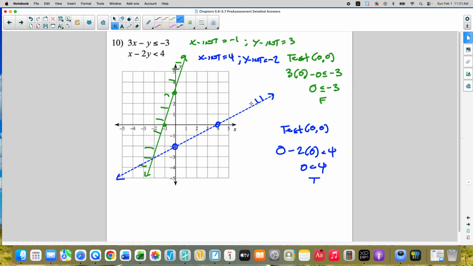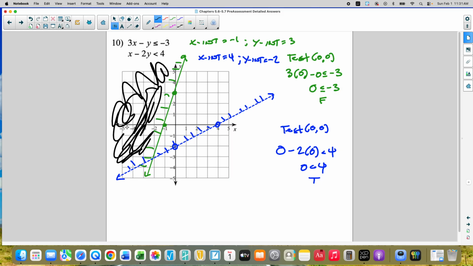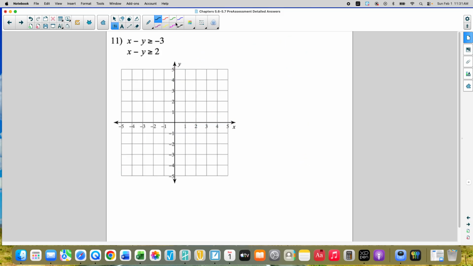So we're going to shade towards 0, 0. All right, where does it overlap? Where does it be true? True is going to be in this region. Okay, that's pretty good.